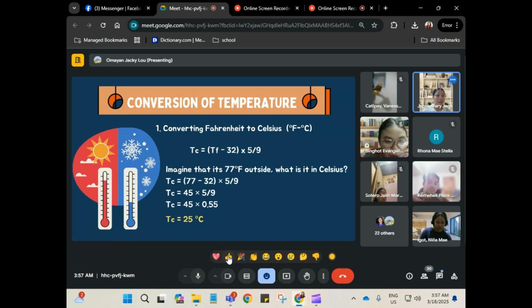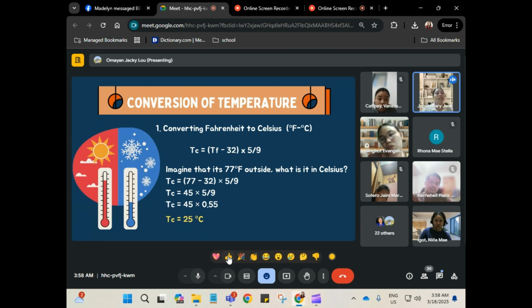Next we subtract 77 and 32. That is 45, then copy 5 over 9. So temperature in Celsius equals 45 times 0.55. I have given you here, class, the equivalent of 5 over 9 so that you can answer. It's 45 times 0.55, class, that is 25 degrees Celsius. So 77 degrees Fahrenheit, class, is 25 degrees Celsius.